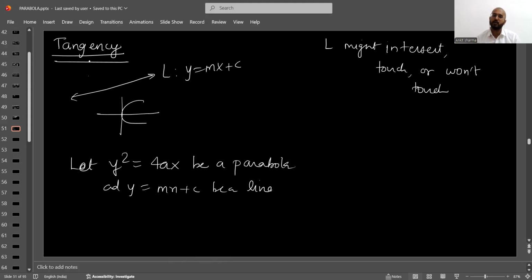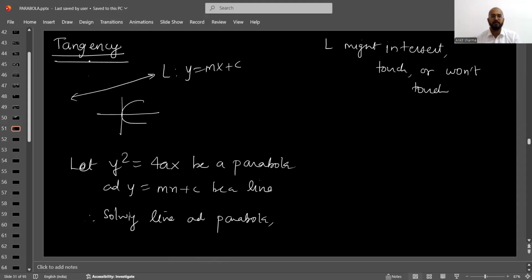Since this is a 2-degree conic, if I solve a line with the given conic, I get a quadratic equation. So for tangency, the discriminant b square minus 4ac is equal to 0. So we can go ahead and just solve the line and parabola.